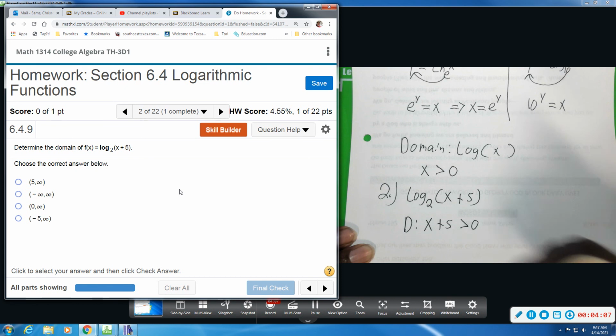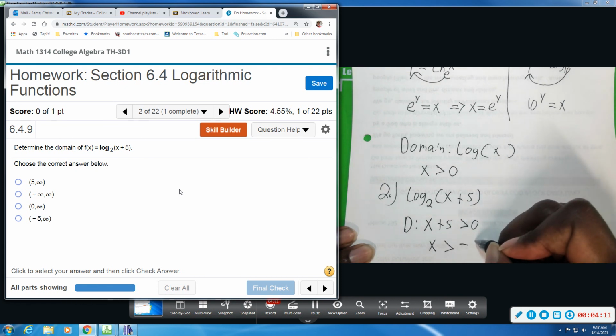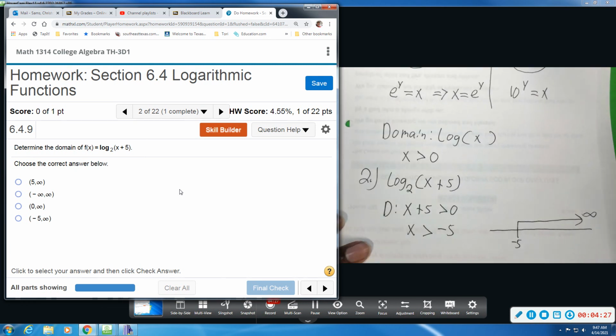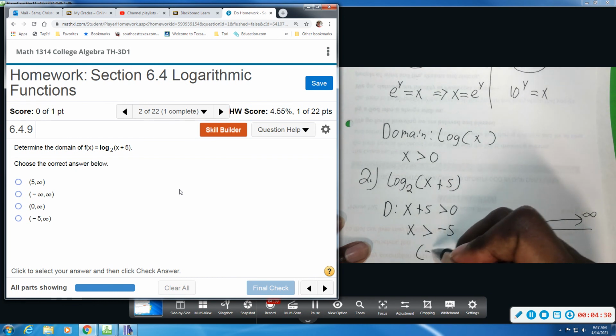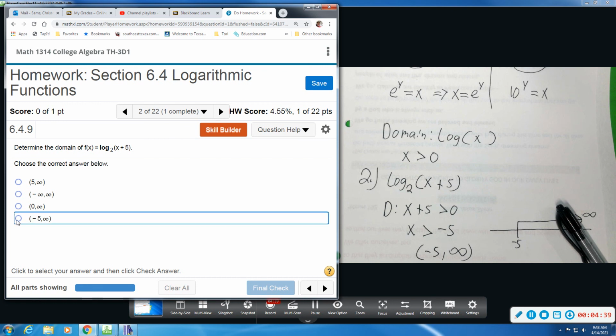When we solve for x, we would subtract 5 from both sides, and that would give us x is greater than -5. So if I'm doing a number line, here's -5. I want to be greater than -5, so I'm going all the way this way to positive infinity. And that will allow me to write this in interval form. So -5 to infinity. This would be my domain.